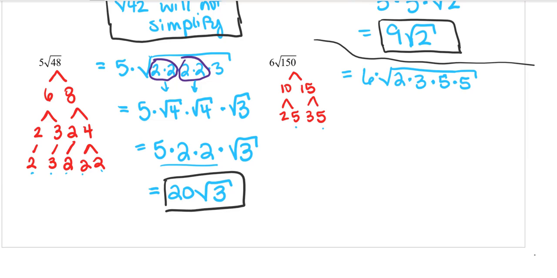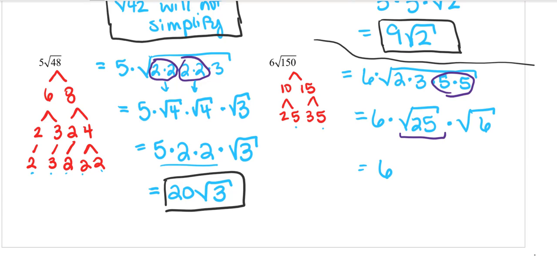And we do have a perfect square in there, so we've got a group of two 5's there, that would be a perfect square. So we're going to factor that away. So we have 6 times the square root of 5 times 5, which is 25, times our leftover there, 2 times 3, or 6. So now we want to take the square root of our perfect square.